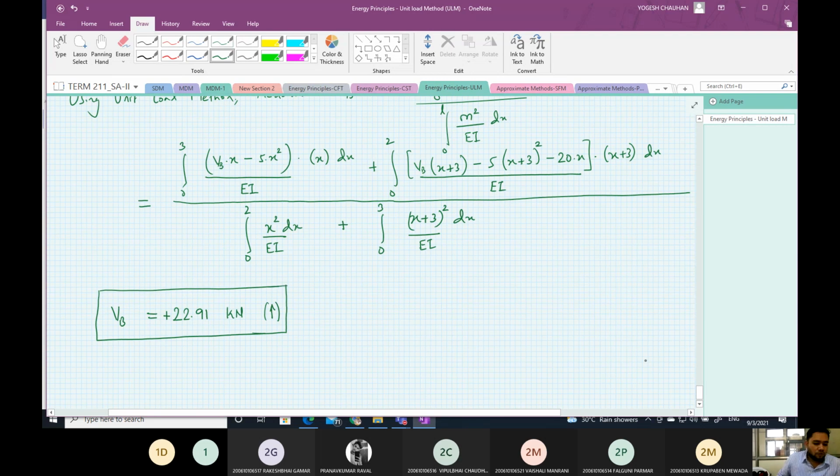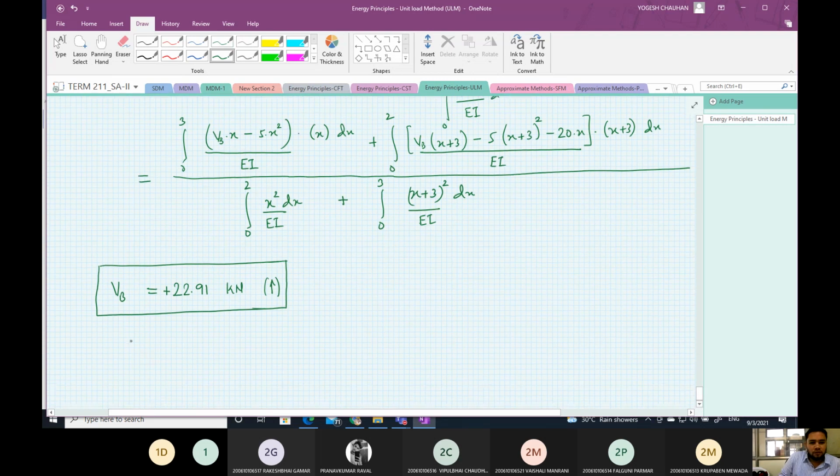Then we apply the equilibrium conditions and get the other unknowns. Sigma V equals 0 will give you VA plus VB equals 10 into 5 plus 20, that is 70.